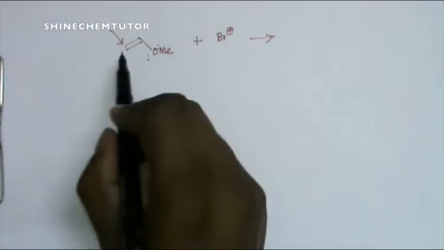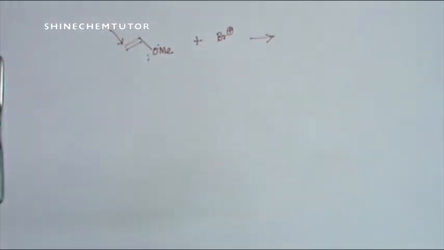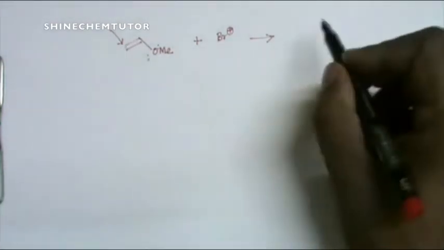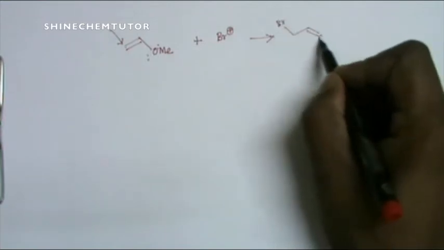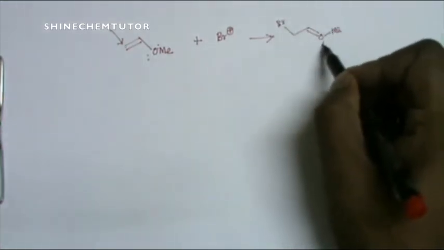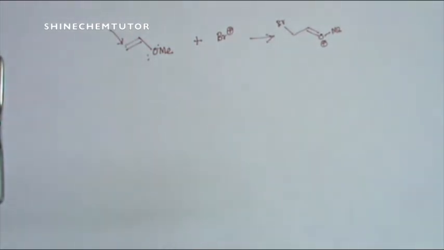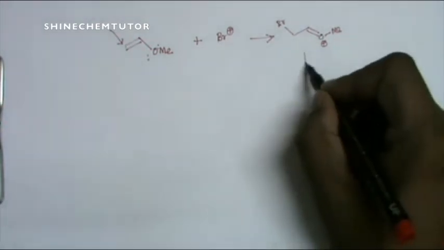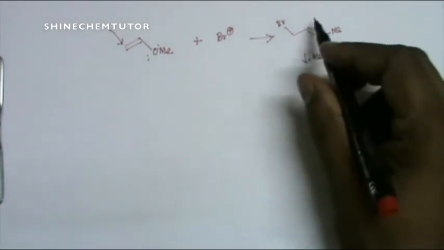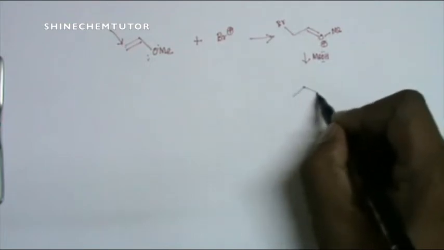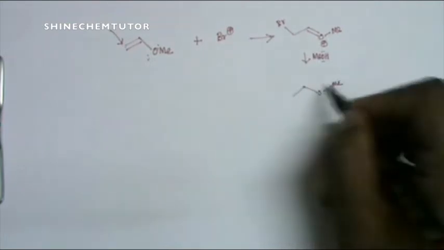So the electron density is more on this carbon compared to this. So what I get is this intermediate. Further, if you add any other nucleophile like methanol, the methanol will attack here.